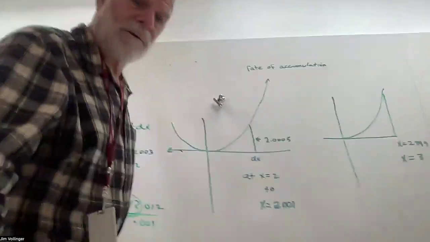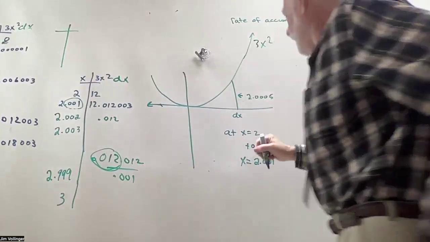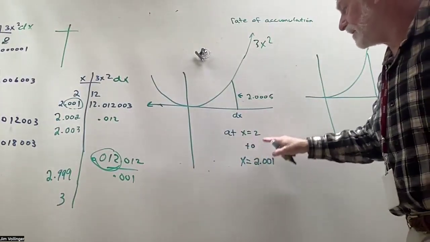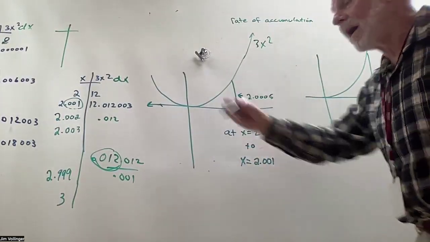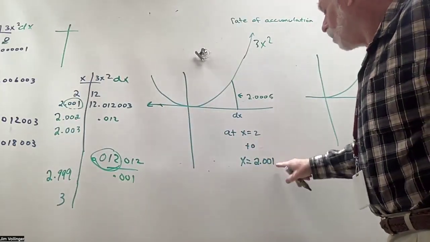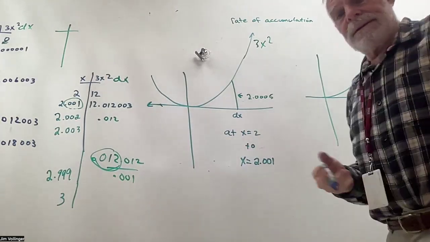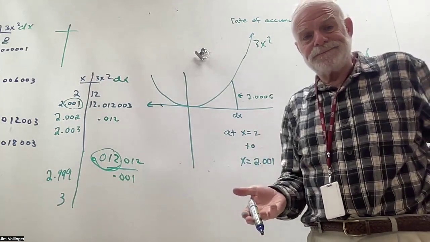From a graphical standpoint, here's 3x squared. So what's dx? Dx is the change from 2 to 2.001 in our example. That's really a Riemann sum. But we gain more accuracy as we push out the zeros, and that's the notion of a limit, right?